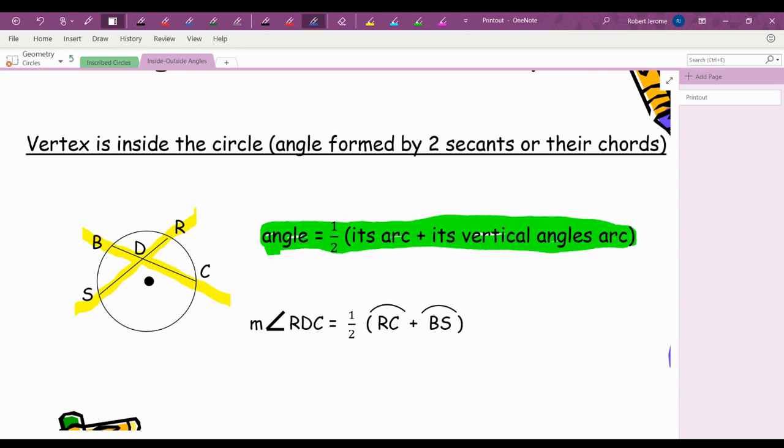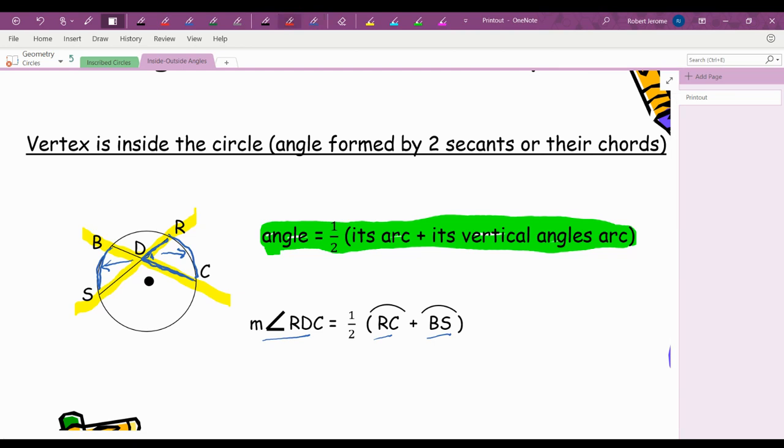If we want to focus on angle RDC, so RDC is right here, this angle, we're going to use its arc, RC, and its vertical angle's arc, BS. So that's what we're using here: the angle, its arc, and its vertical angle's arc. And it is the average of those two.